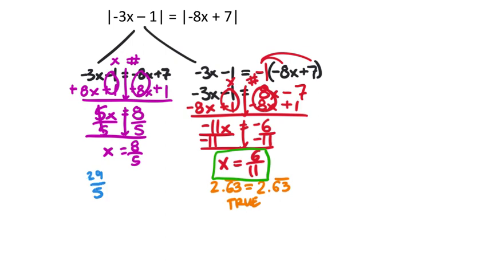Now negative 8 times 8/5 plus 7, and that's negative 29/5 as well. But again, the absolute value, that would have been 29/5. So this also is a true statement. As strange as this seems, I guess there weren't any mistakes there. But there's our two answers. So again, on the assignment, you just list these: type in 8/5, comma, 6/11. It doesn't matter which order you put them in, just put a comma between them.